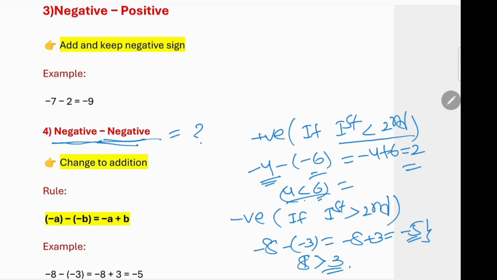In the second case, we get a negative value if the first value is greater than the second value. Here the example: minus 8 minus of minus 3 is equal to minus 8 plus 3 is equal to minus 5. Here the first number is greater than the second number.